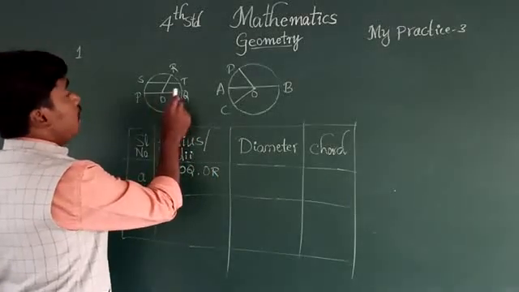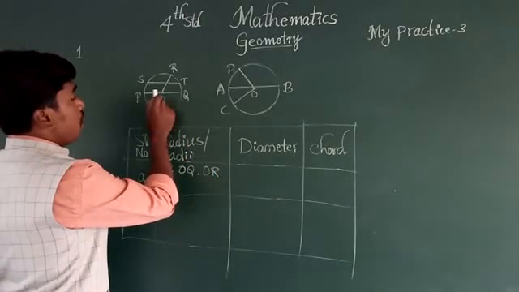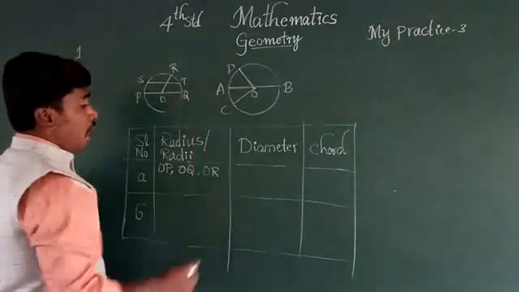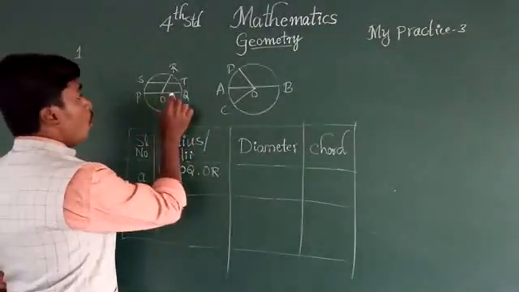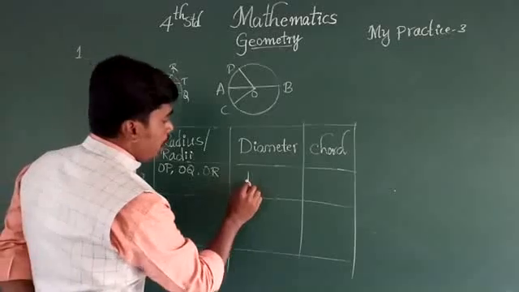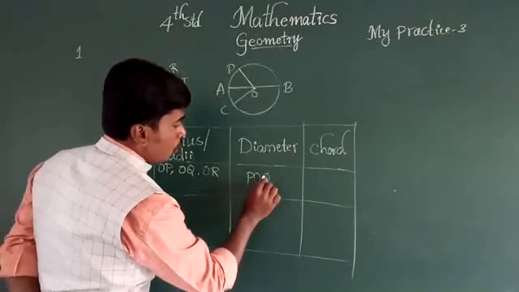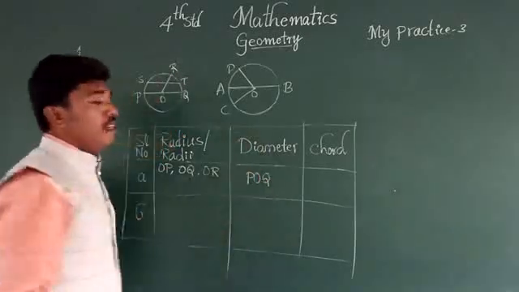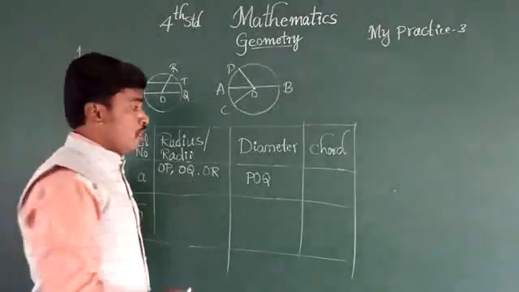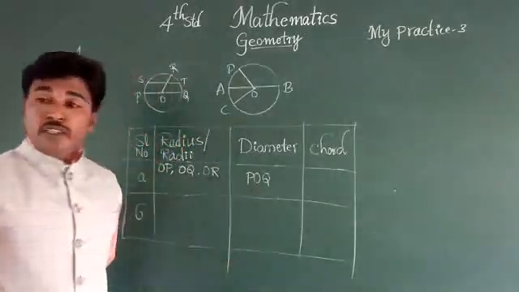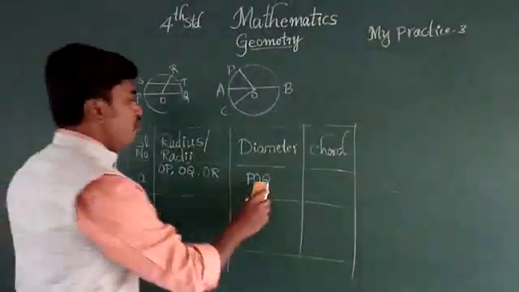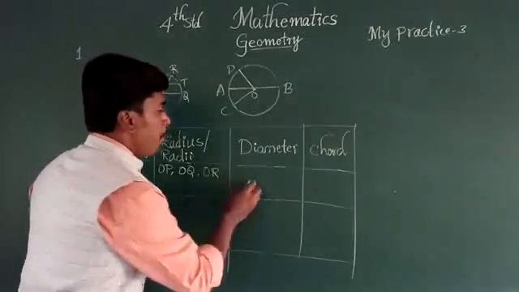This line passes through the center of the circle. POQ is the diameter. Instead of writing 3 letters, we can say it is PQ.